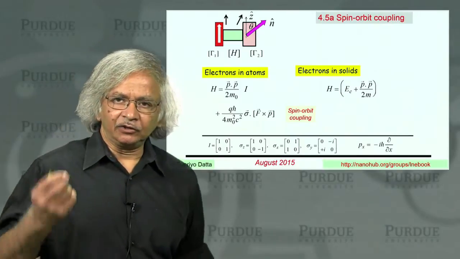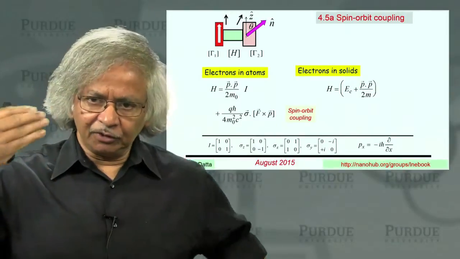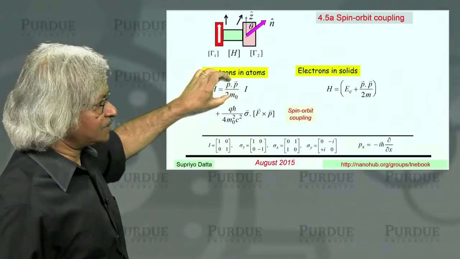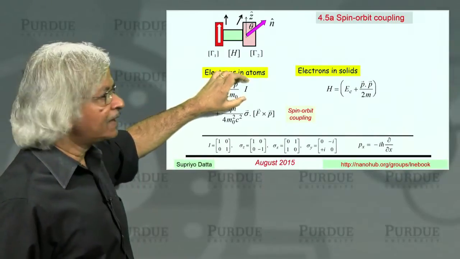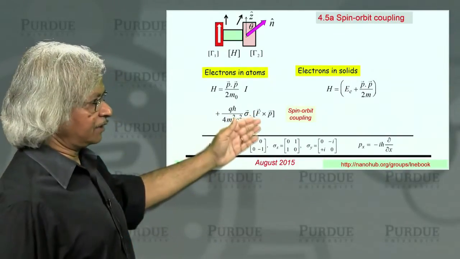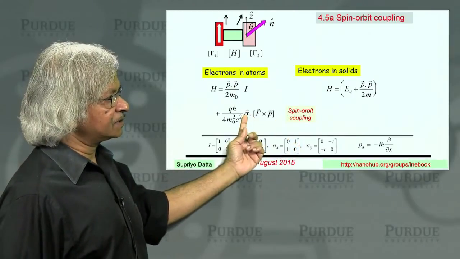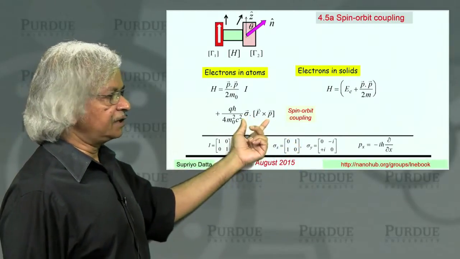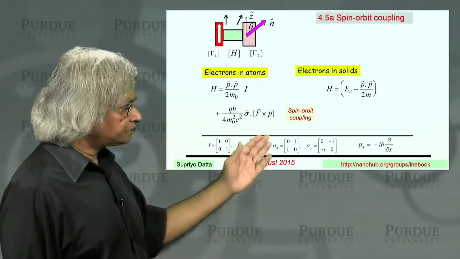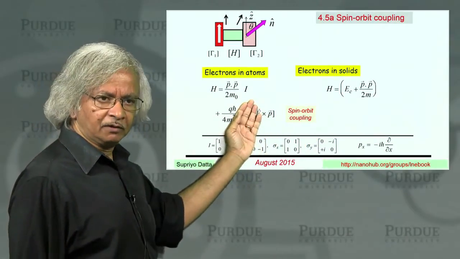Just as earlier, I took a simple one-level model, said if the level is epsilon, then when you include spin, it becomes epsilon I. Similarly, this part becomes what we had before times I. And then there is this additional relativistic correction, which is what I'll try to explain. That's called the spin-orbit coupling. And this involves these Pauli spin matrices that we have introduced, the sigma, and this F is the electric field. So what I'll try to explain is this relativistic correction and where it comes from.